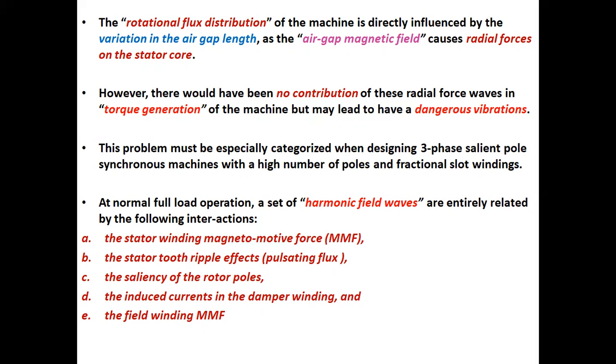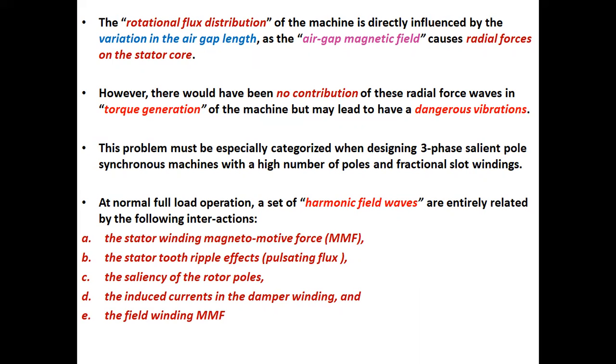This problem must be spatially categorized when designing three-phase salient pole synchronous machines with a high number of poles and fractional slot windings. At normal full load operation, a set of harmonic field waves are related by the following interactions.